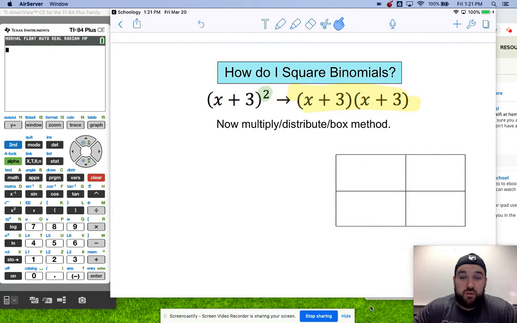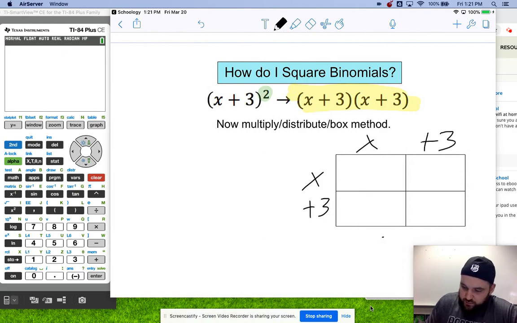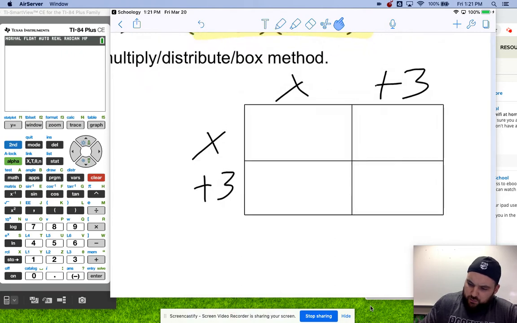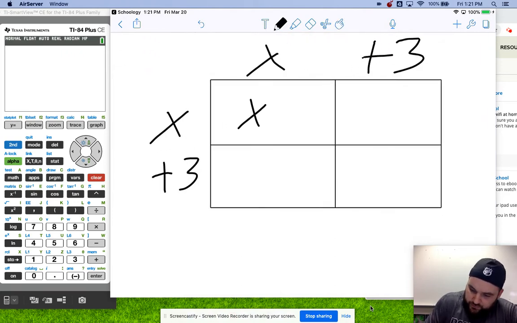And if you remember to do that, this is no different than the previous video. It's just distribute, or if you want to do the box method, x plus 3 times x plus 3. Just a reminder, I'm going to multiply to fill each box.